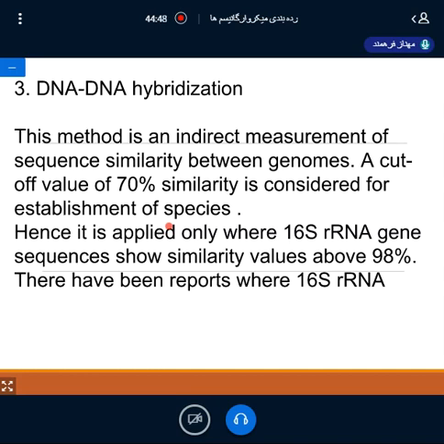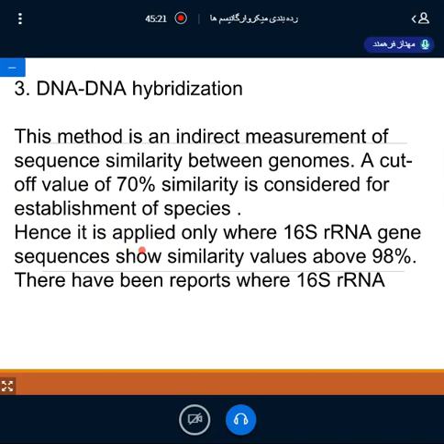If the percentage of hybridization is 100, that means the bacteria are the same and our distinguishing is correct. But if the percentage is less than 100, we must see the similarity between them with respect to species or genus.